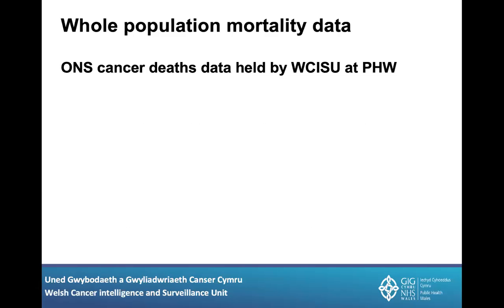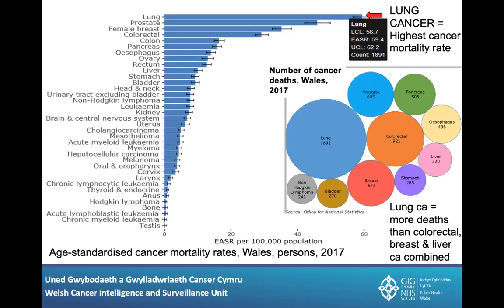So starting with the whole population mortality data, we receive this at the Welsh Cancer Intelligence and Surveillance Unit at Public Health Wales from ONS, and I'll explain later what exactly we do with it in terms of processing, but this is what we do in terms of analysis. Using whole population mortality data is a good place to start in an attempt to estimate the true epidemiology of any health condition.